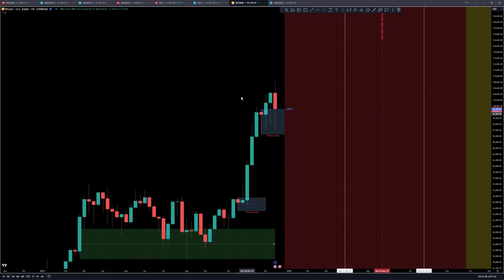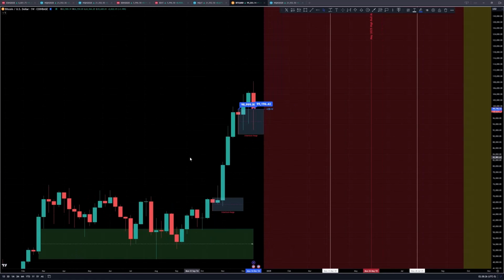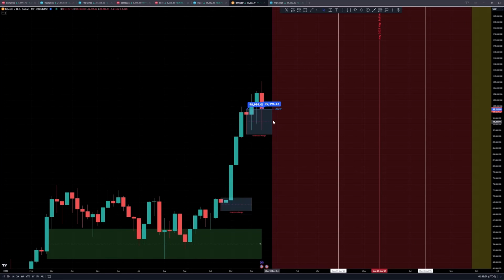Wir hatten einen Wochenschlusspreis oberhalb 98.999, geschlossen haben wir bei 99.196. Das bedeutet, der Bitcoin-Preis respektiert den Orderblock. Für mich ist das ein ganz klares Zeichen, weiter aufwärts steigende Kurse im Bitcoin zu sehen.